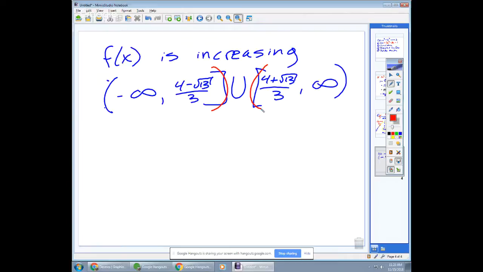We'll usually put parentheses there, because we're increasing right up to that boundary point, and then right after that boundary point, we're decreasing, but at the top it has a horizontal tangent line, which is neither increasing nor decreasing. So that's typically the way we write it. All right, so then f of x is decreasing where?